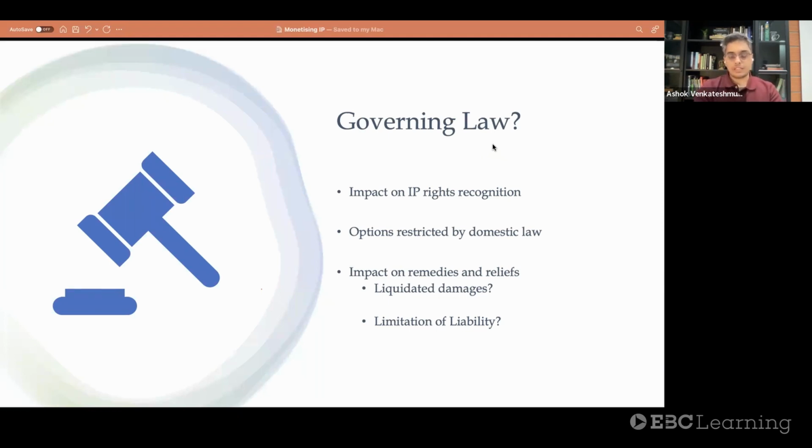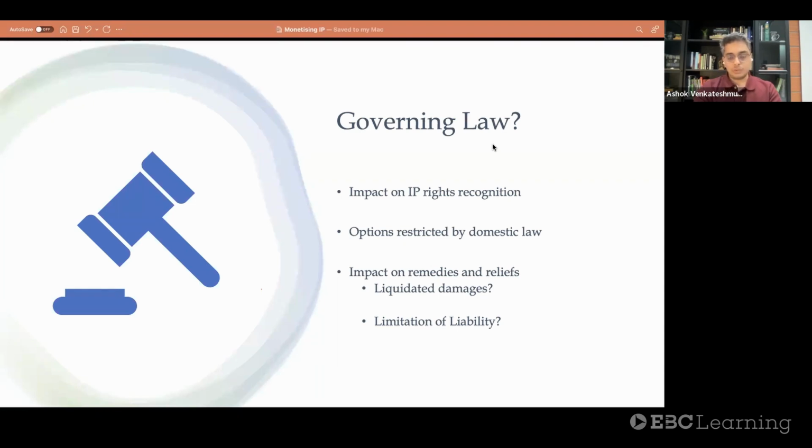Now, obviously, this comes to the next question. The options are restricted by domestic law also sometimes. So I can give you an example. We were doing a joint venture between two parties, one being Indian, the other being Chinese. And the JV was being set up for taking a license of technology and manufacturing the products at the end of that know-how in China, and thereafter exporting it to export markets.